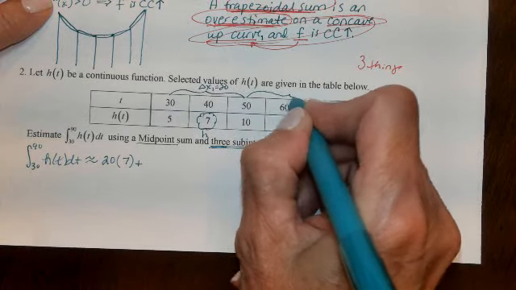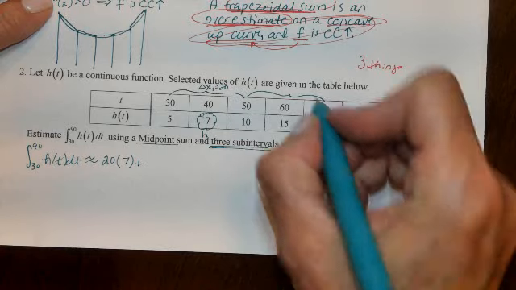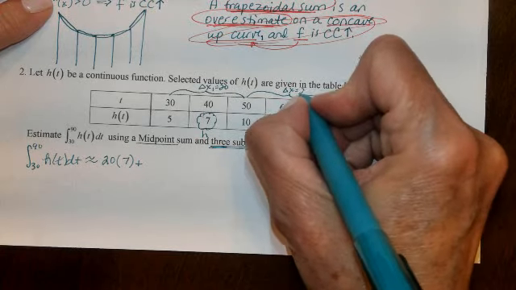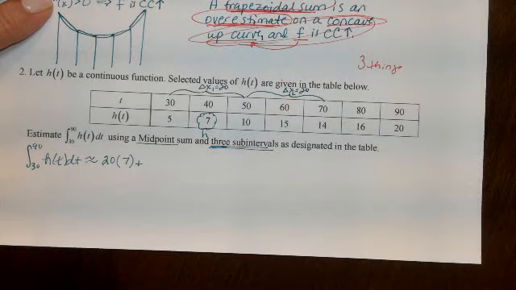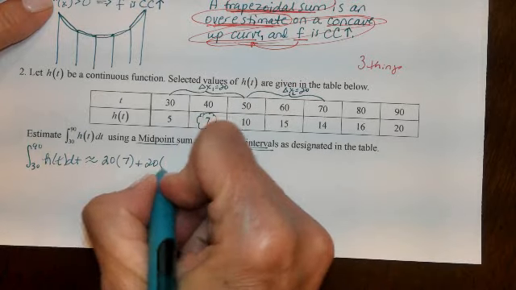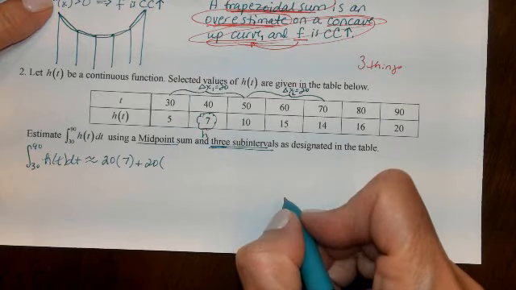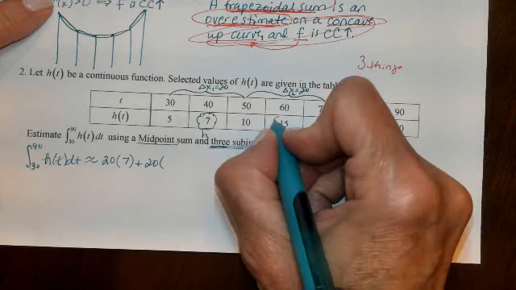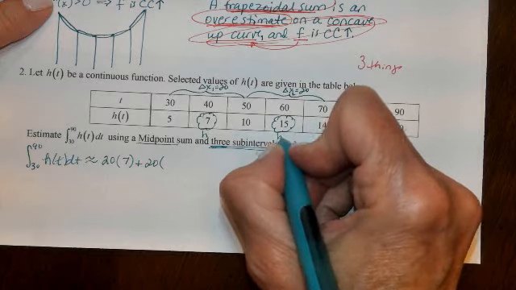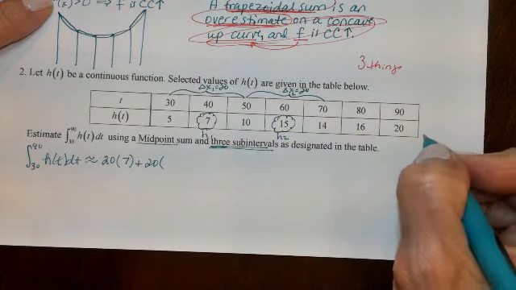There's our delta x. Still 20. So 20 times. What height do we use for this rectangle? Well, we use this height right here. That's our second height. So 15.